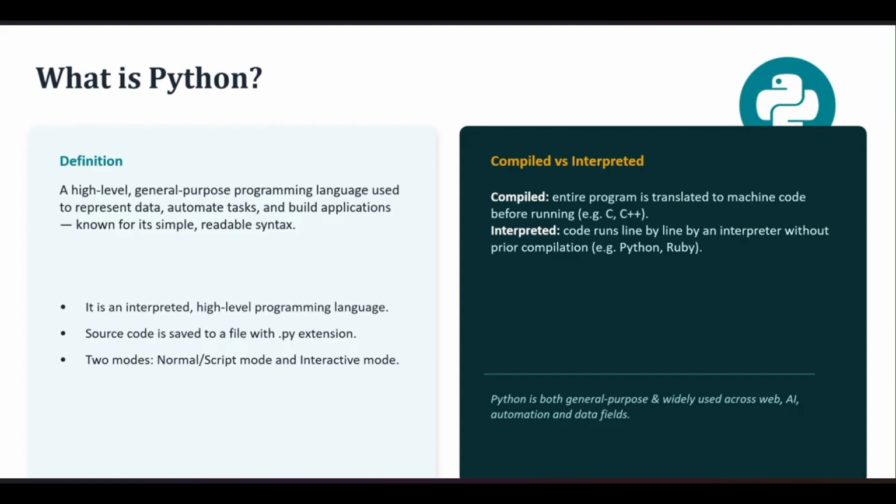If there is an error, Python shows the error at that particular point. And third, general-purpose programming language means Python is not limited to one field. We can use it in many different areas.